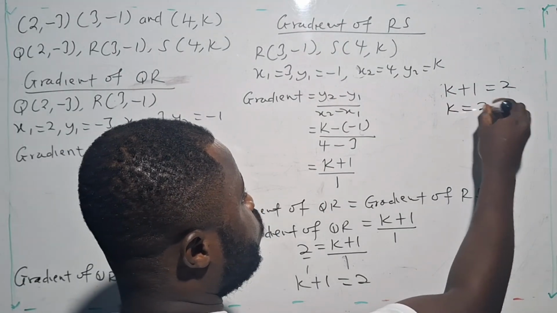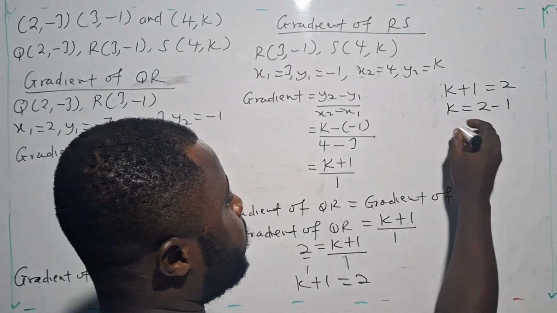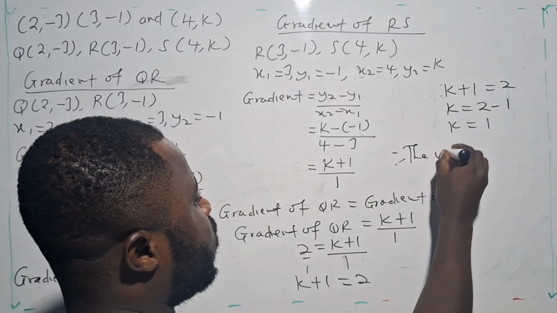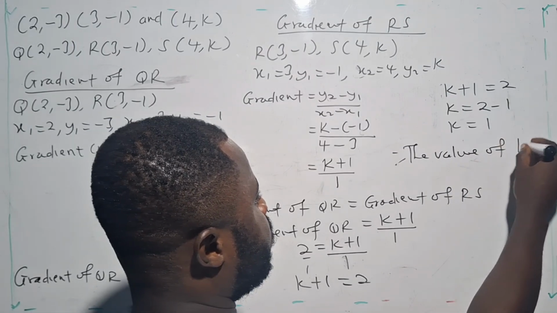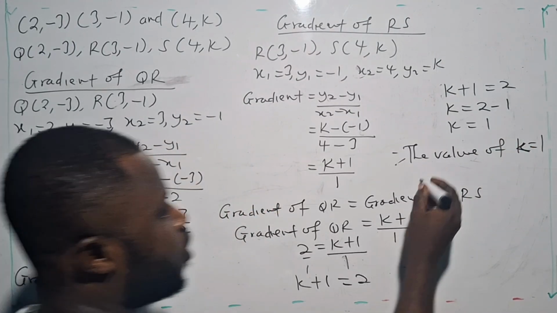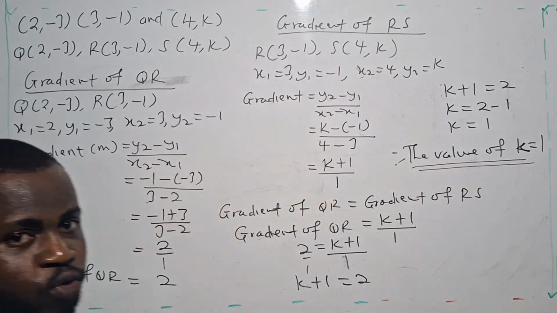So K is equal to 2 minus 1. So K is equal to 1. Therefore the value of K is equal to 1.